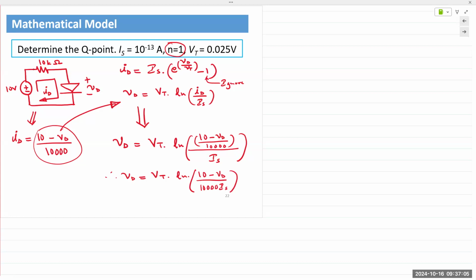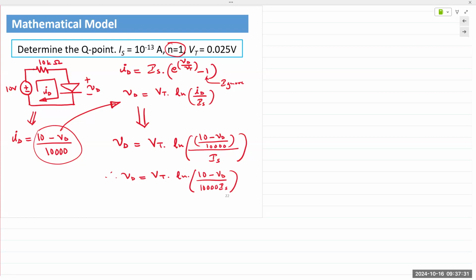We have VD on the left side, and we're saying it's equal to some equation, but that equation also contains VD. And it has a transcendental function, which is the log. So it's a transcendental equation, and does not have a closed form solution.